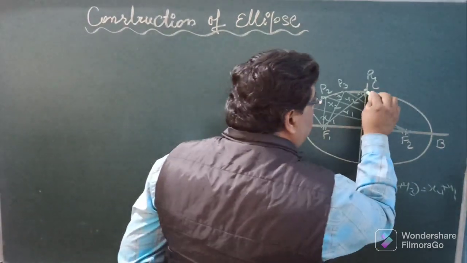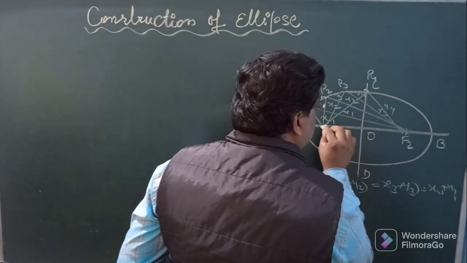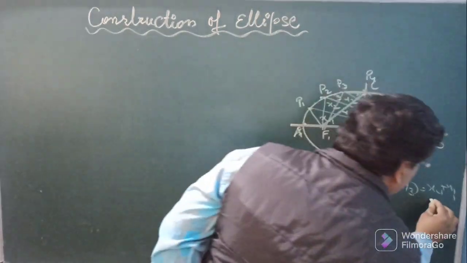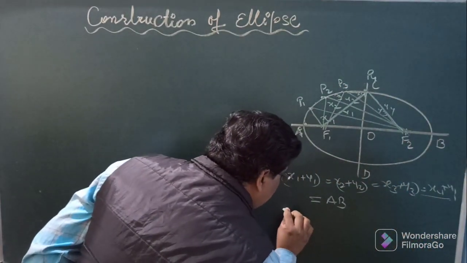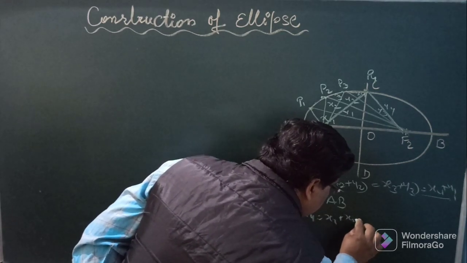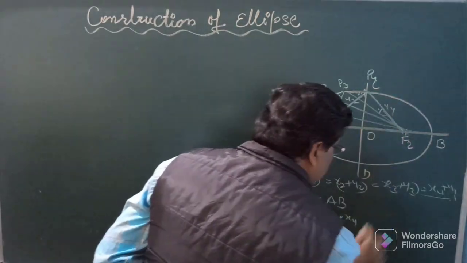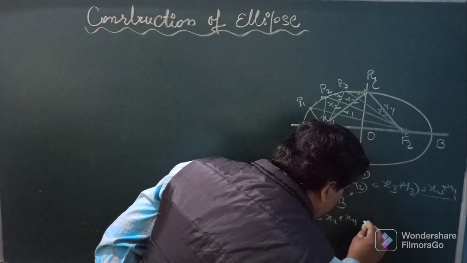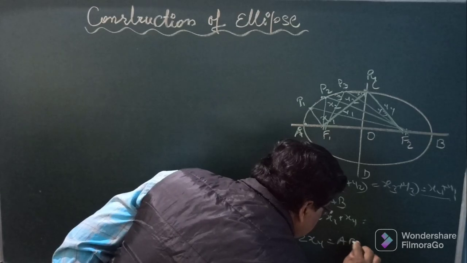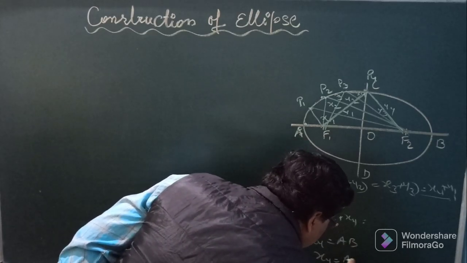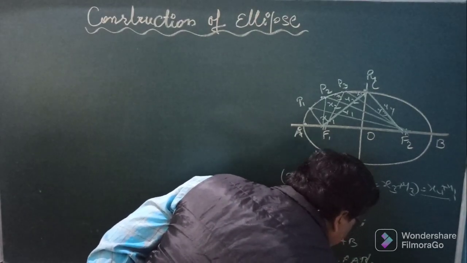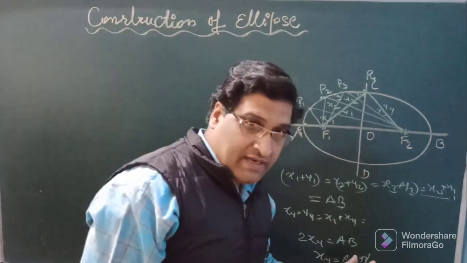Now at the position of C, that is P4, x4 is equal to y4. So according to this formula we can write x4 plus y4 is equal to x4 plus x4, because these two are equal at the position of C or at the position of D. So this may be written as 2x4 is equal to AB, or x4 is equal to AB upon 2, or half of the major axis.